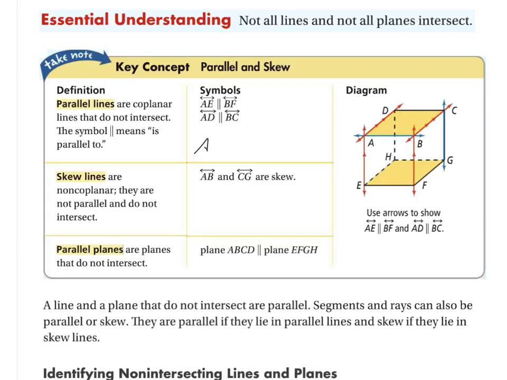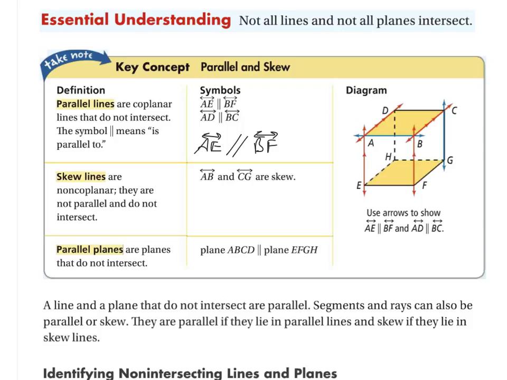So I would write that line AE is parallel to, so I still use the symbol, I just write it at a slant, parallel to BF. So that's how I'd write that.